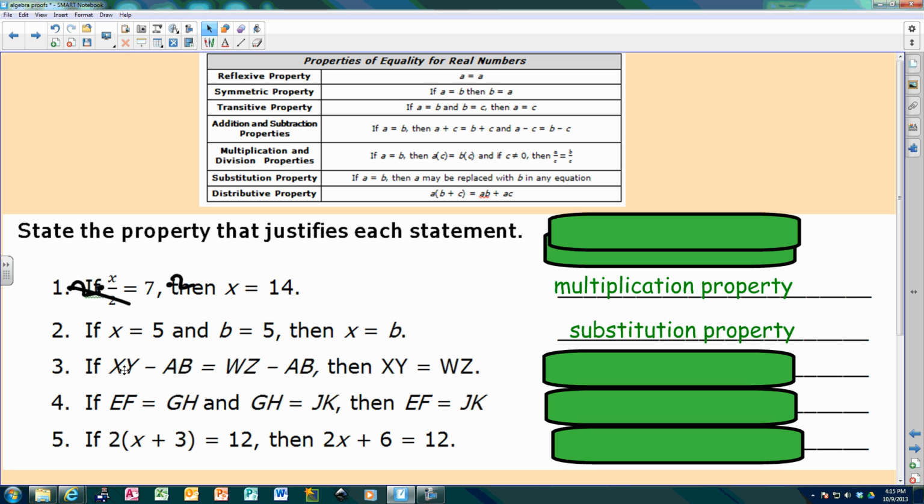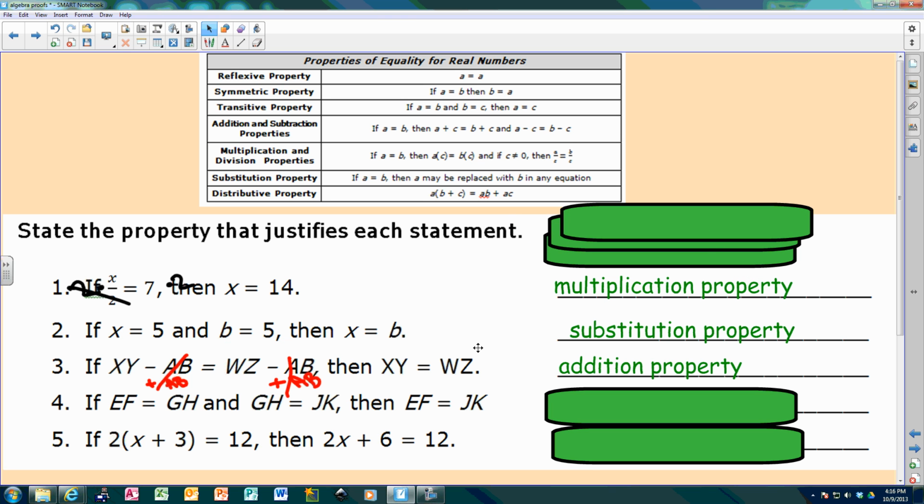If xy minus ab equals wz minus ab, what do we get? Well, we get that xy is equal to wz, because if I add ab to both sides, the ab's cancel out. So then we're left with the addition property.